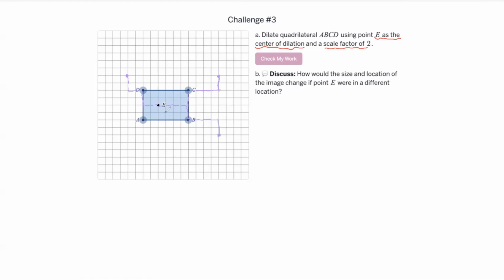And then again, this one is over 2 and down 2. So that's times 1, over 2 and down 2. If I was going to do a scale factor of 3, I would do it one more time. Same thing, over and up, or up and over. As long as you're doing the same amount, then you're good. So this is times 1, this is times 2.